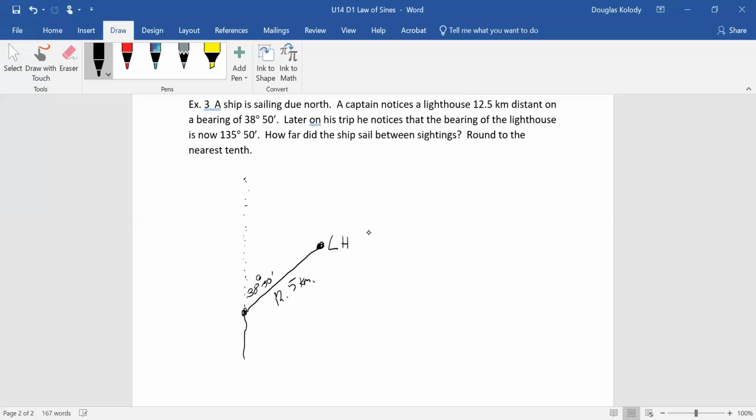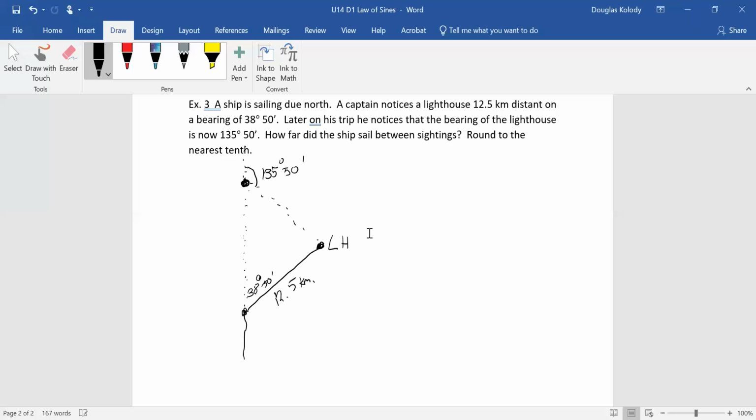Okay, that's a circle for degrees right there. Great. Then he continues to travel and he gets way up here, let's say. And now he notices that his bearing to the lighthouse, remember, this is bearing 1, so then this angle right here is 135 degrees and 50 minutes.